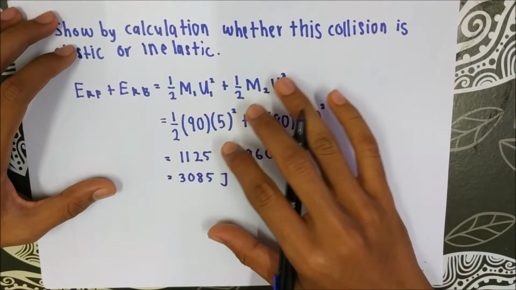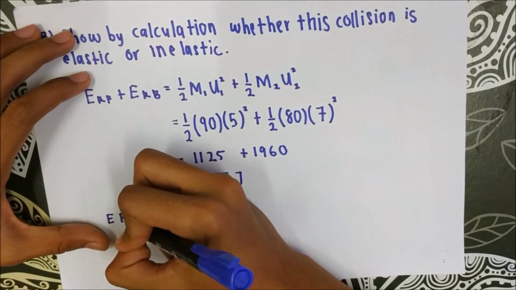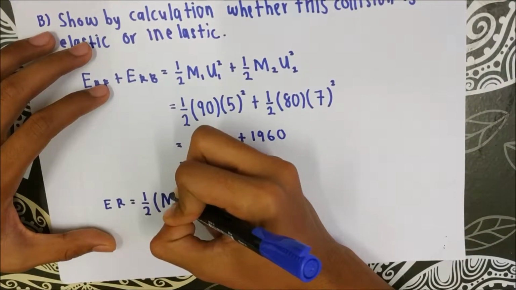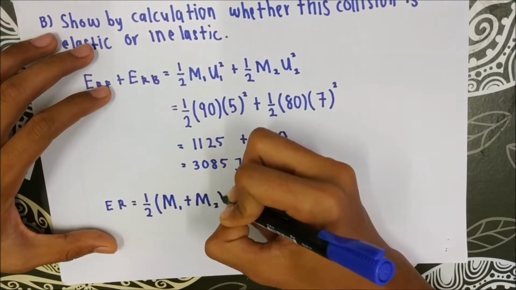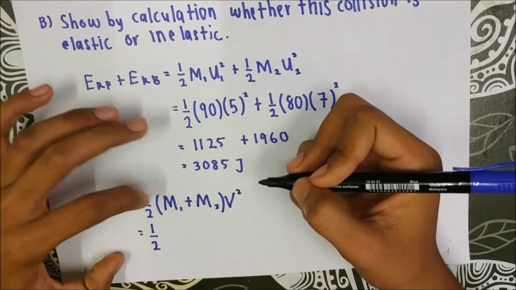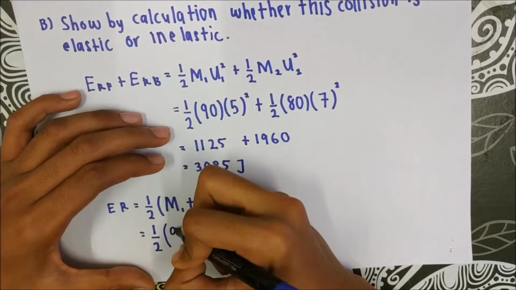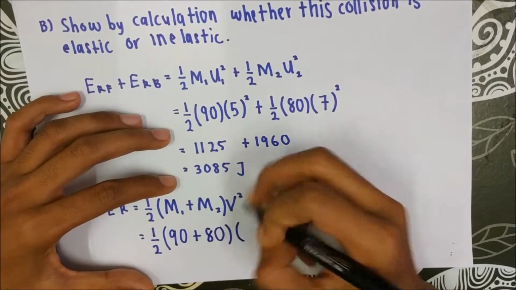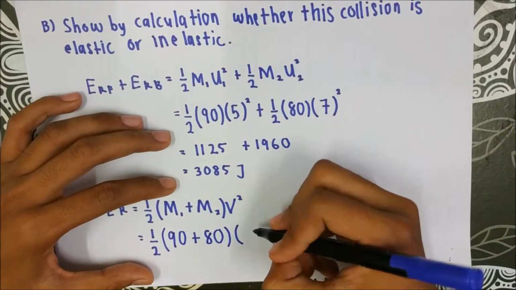We need to compare it with after the collision. M1 is the mass of the forward and M2 the mass of the backline. V we get from the previous question.